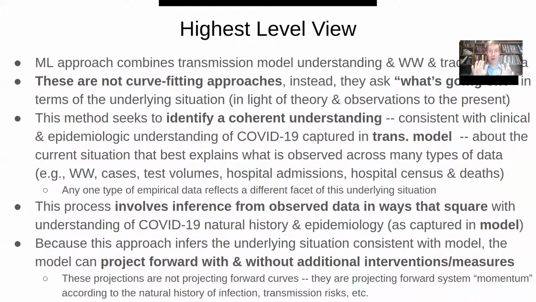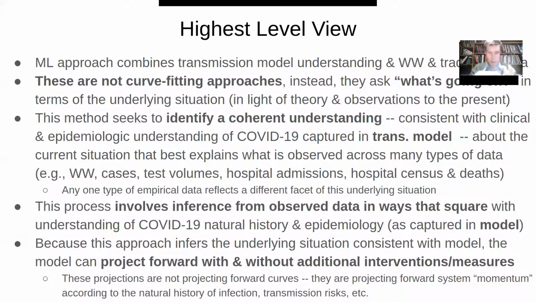This is far from a curve fitting approach. Instead, it's really inquiring into what's going on in the underlying situation. More specifically, it seeks to identify a coherent understanding, in terms of a picture of the underlying situation whose progression is consistent with the logic of how COVID-19 progresses, the natural history of infection and how it transmits, as captured by the transmission model.